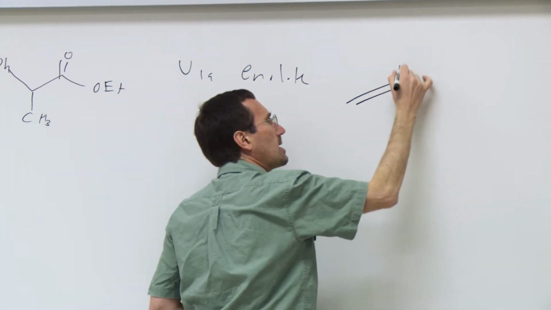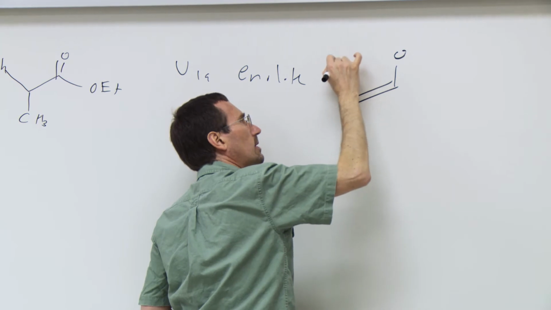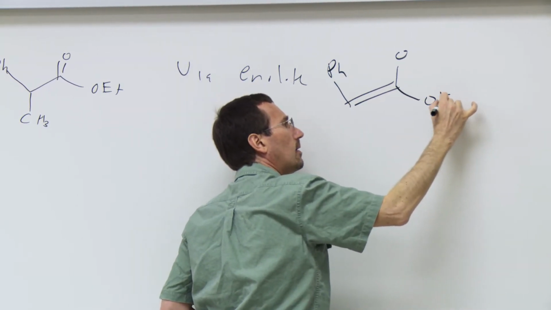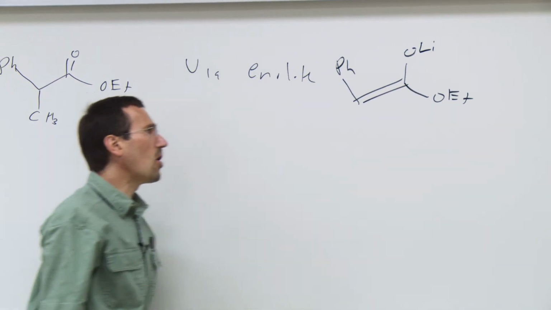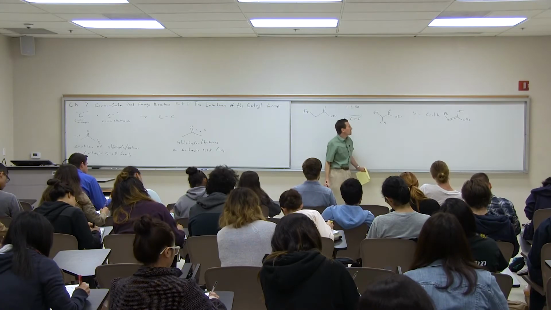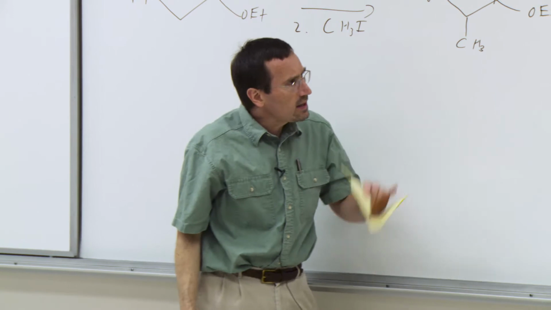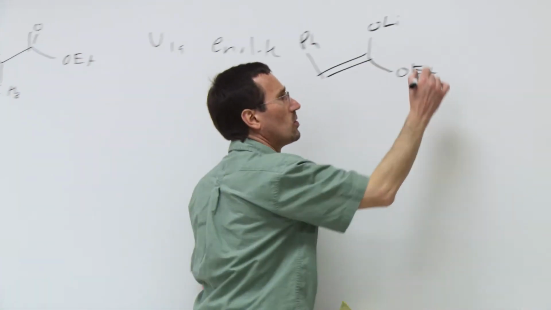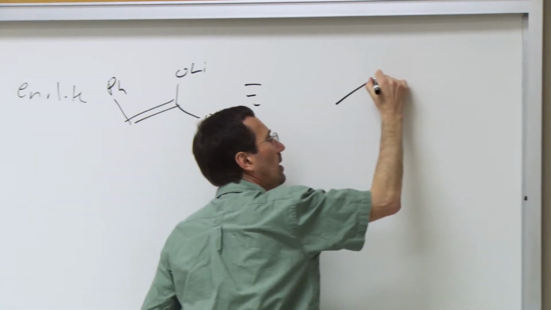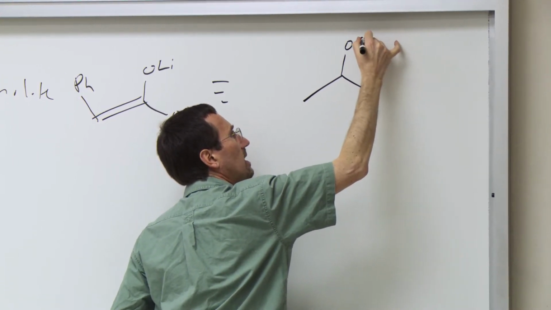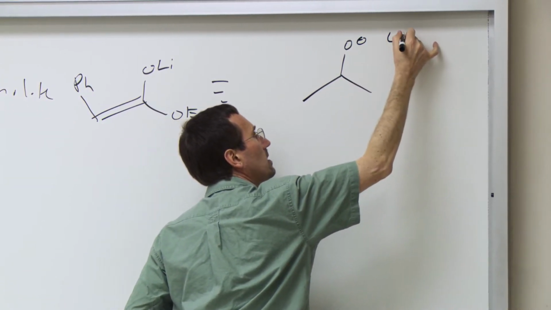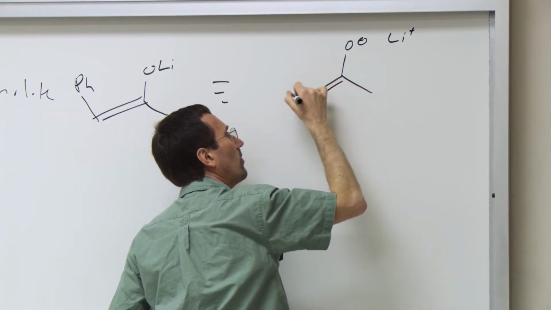Now, when I write enolates, I generally like to write them like so, in the covalent form, in the major resonance form. But realize this is a conceptual shorthand for the ionic form. As I said, enolates are mostly covalent. They are polar covalent bonds.